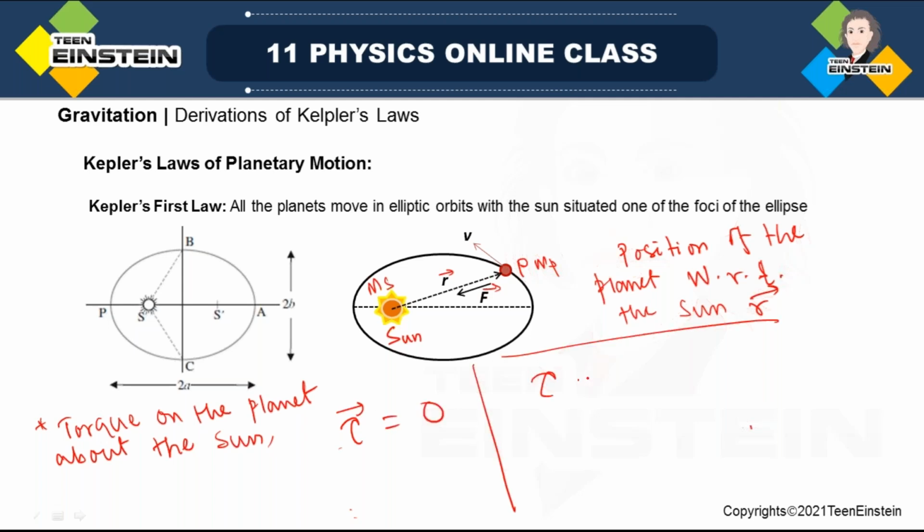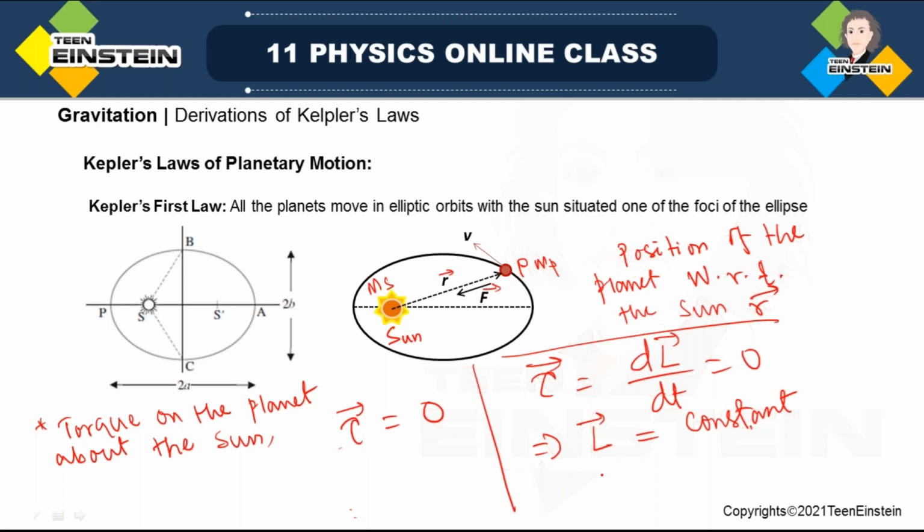So we know tau is given by dL by dt, from the relation between the angular momentum and the torque, where L is the angular momentum. If this torque is 0, I can write dL by dt is equal to 0, which implies that L, the angular momentum of the planet, is constant, in both direction and magnitude.